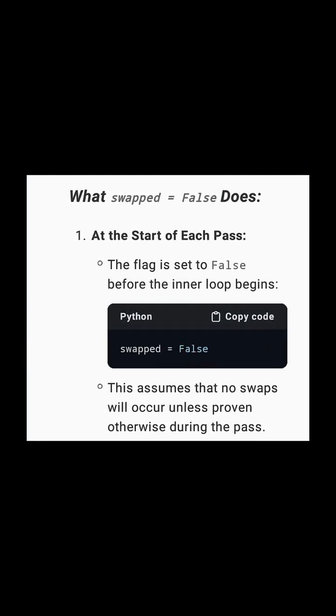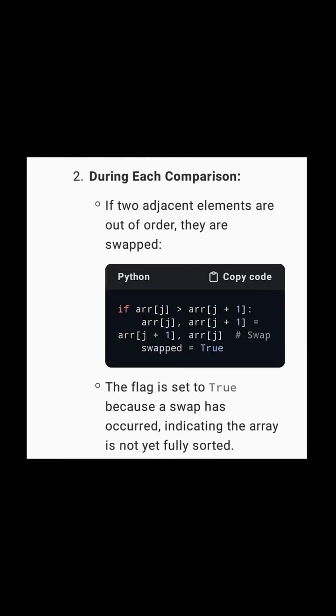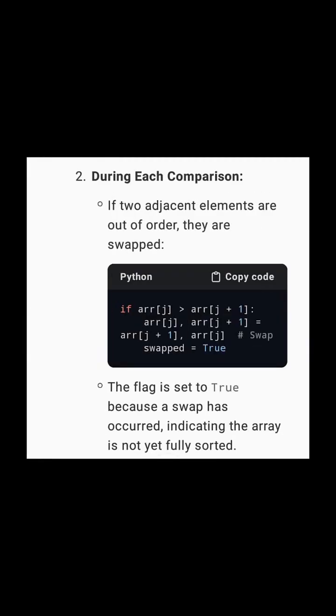At the start of each pass, this flag is set to false before the inner loop begins. Okay, so this assumes that no swaps will occur unless proven otherwise during a pass. Then during each comparison, we have the if statement: if ARR of j greater than ARR of j plus 1. If two adjacent elements are out of order, they are swapped.